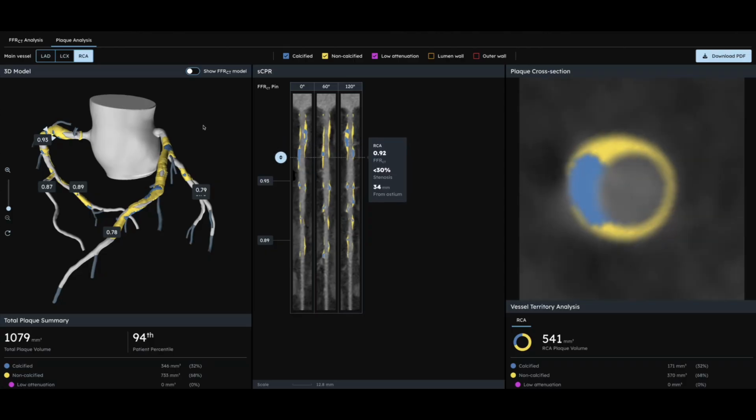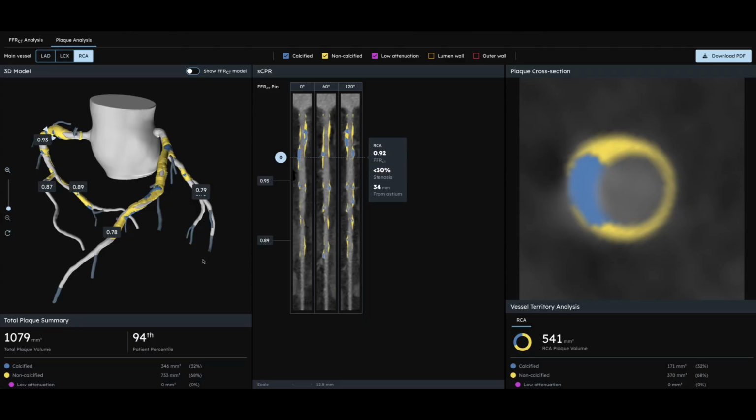Now, this particular patient has plaque in all three vessels, so we can go ahead and look into each one. Overall, let's look at plaque burden. This is adding up all of the different types of plaque within the vessels, and this particular patient has over 1,000 cubic millimeters of total plaque.